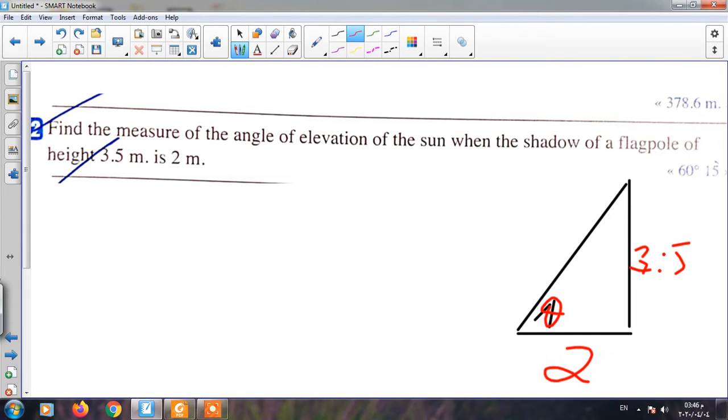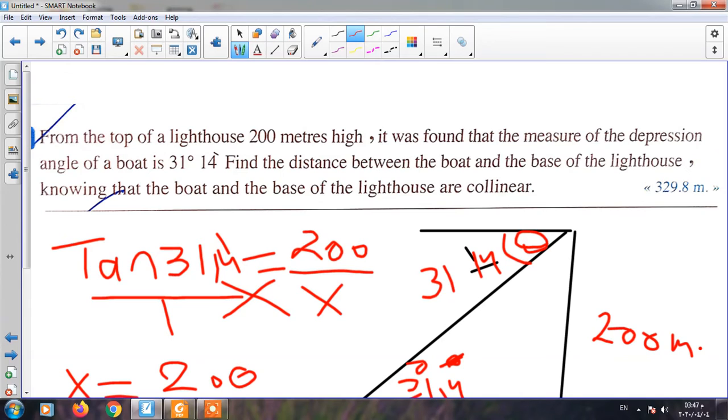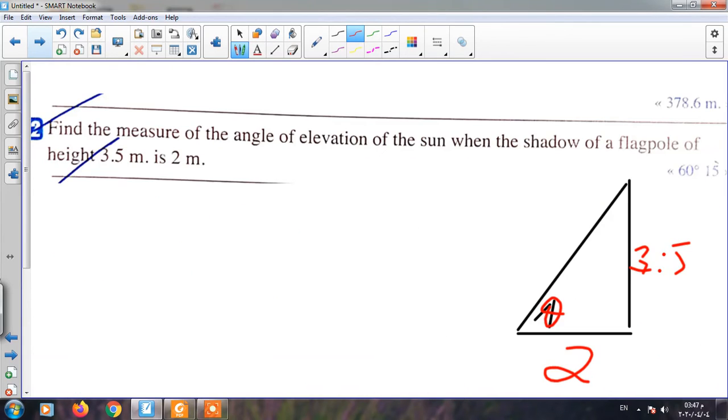So we have tan theta. Here we have the opposite and the adjacent. So tan theta is going to be 3.5 over 2.